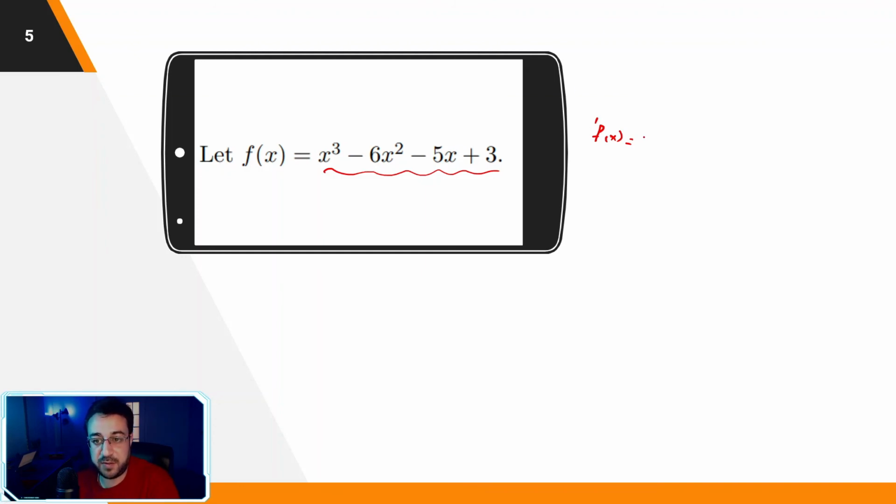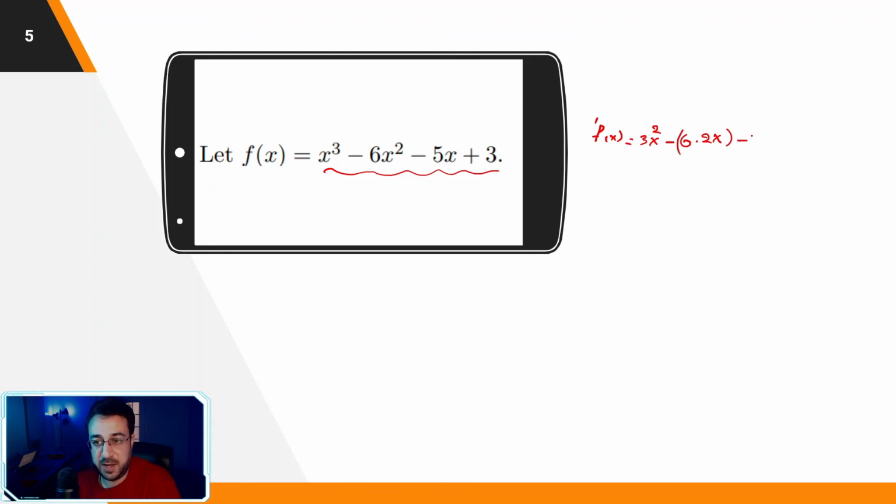In this case, x to the power of 3, the derivative of that is 3 multiplied by x to the power of 3 minus 1, which is 2. Then we have minus 6 as a constant, keep it there, multiplied by x squared. Derivative would be 2x. Keep that in parentheses so that you keep track of things.